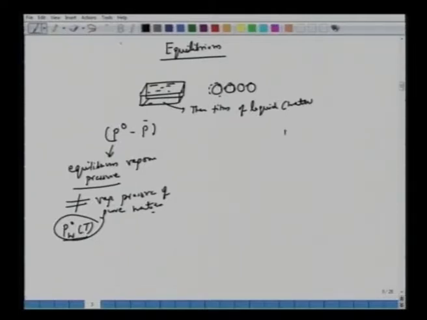In one case P0 is the same as the vapor pressure of pure water, and in most of the other cases, P0 is less than the vapor pressure of pure water.